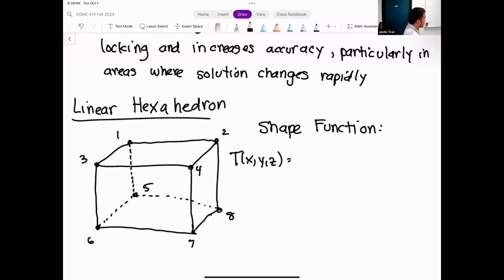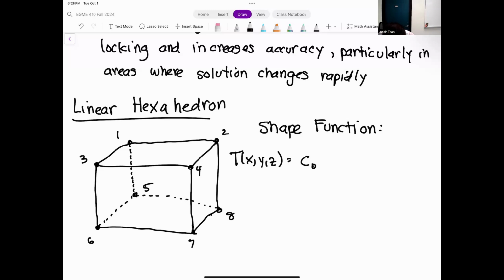So let's go ahead and write those terms, keeping in mind that we have to stay linear. But because it's a hexahedral element, because it's rectangular, we're going to have some cross terms, but we're never going to have any pure quadratic terms.